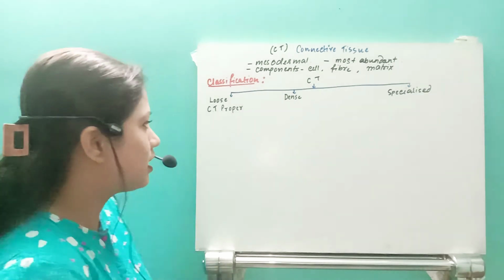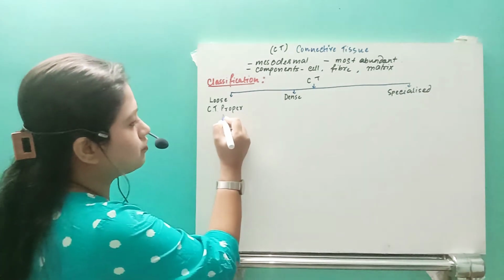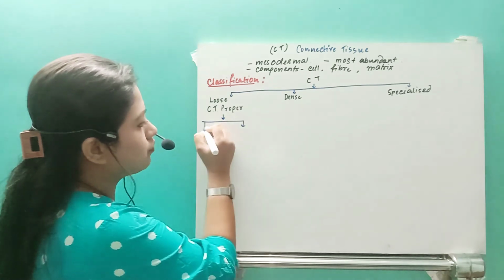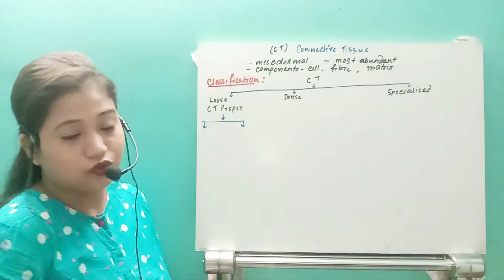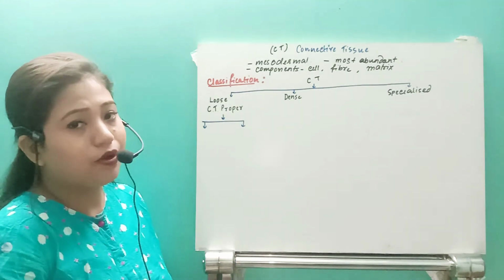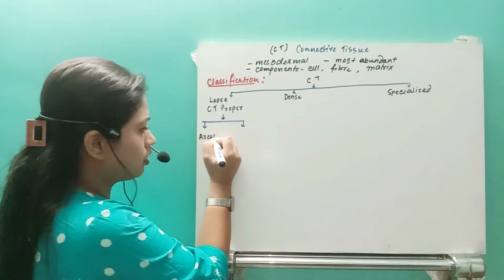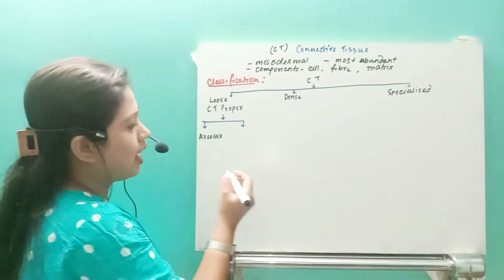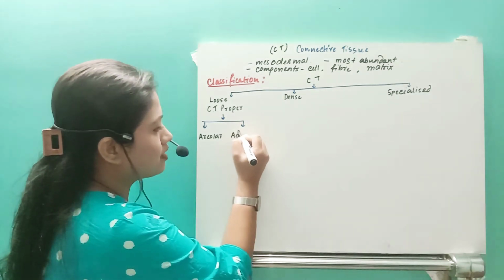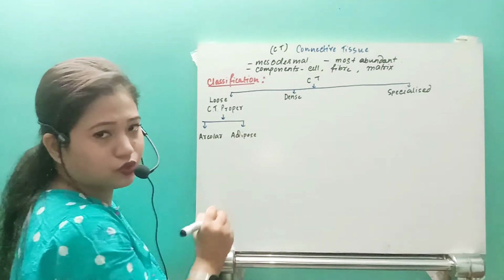Now, once again, if it comes to the loose connective tissue, then we are going to have 2 types of loose connective tissue. What are they? First type is the areolar connective tissue, and the second one is known as adipose connective tissue.